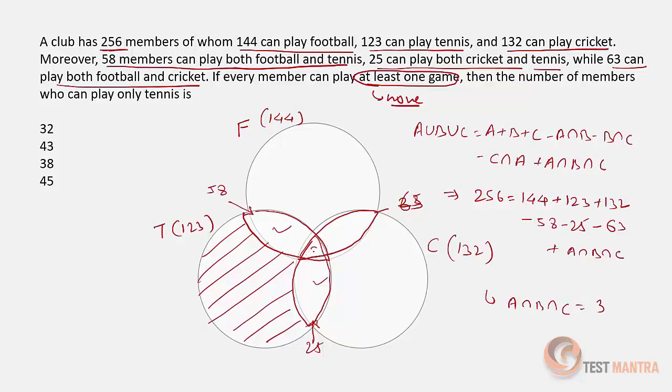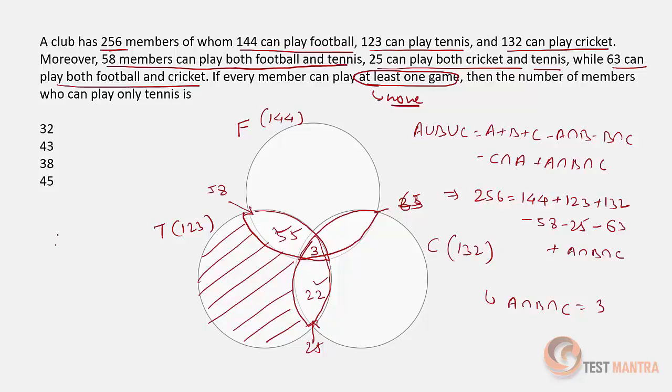So this part is 3. If this part is 3, that means this part is 55 here. This part is 22. Out of 123, I have already utilized 58 plus 22, so we have already utilized 80.